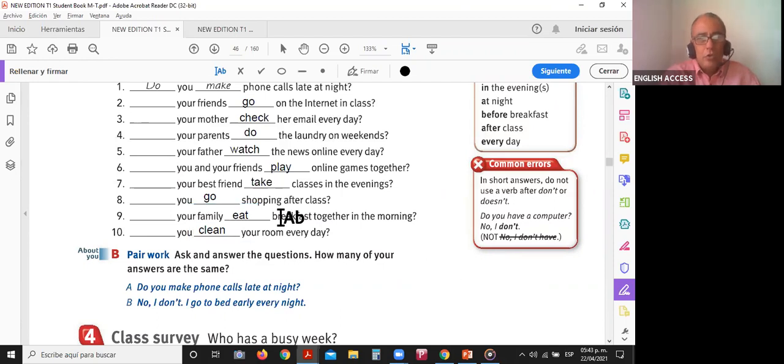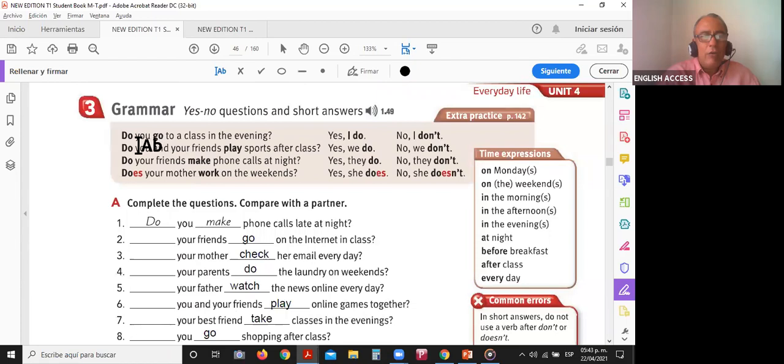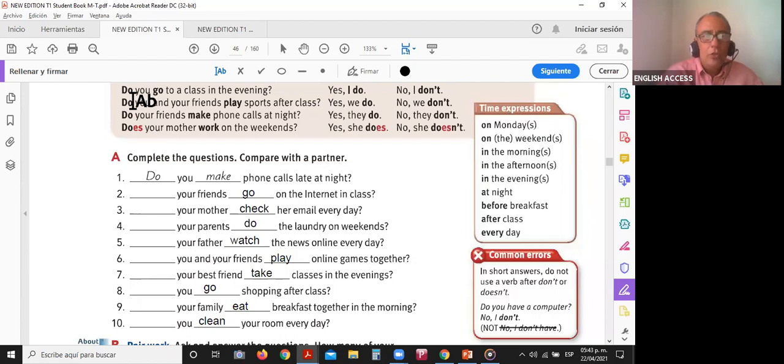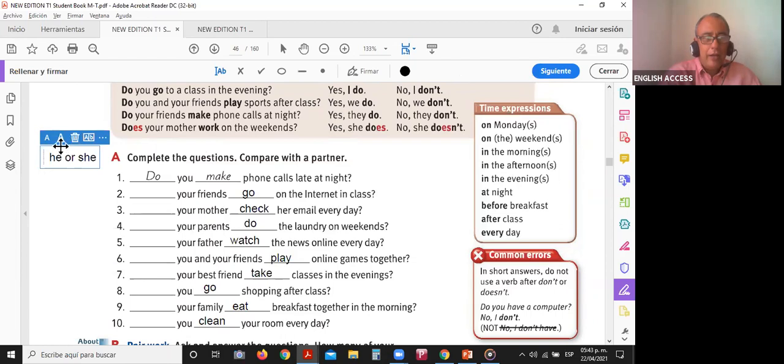Now we need to complete the questions using the auxiliary do or the auxiliary does. Remember, we use does only for he or she. Okay? When we are talking about one person, he or she, no I, no you, no we, no they.